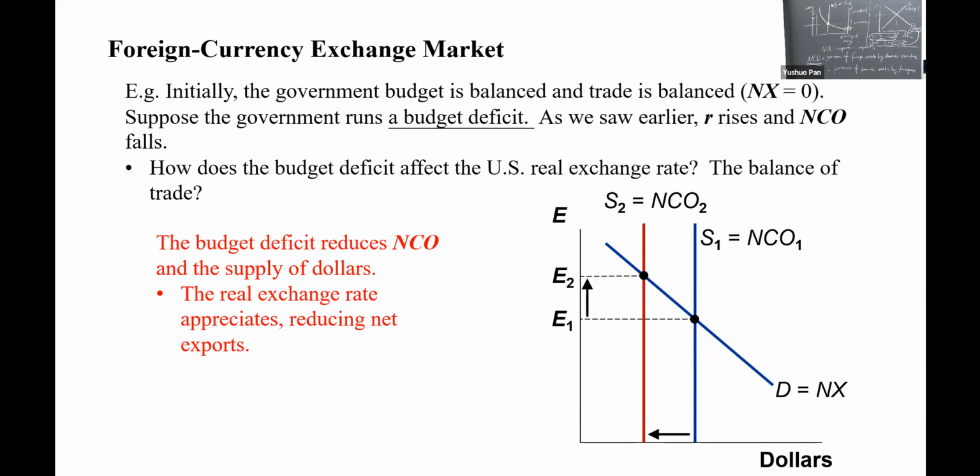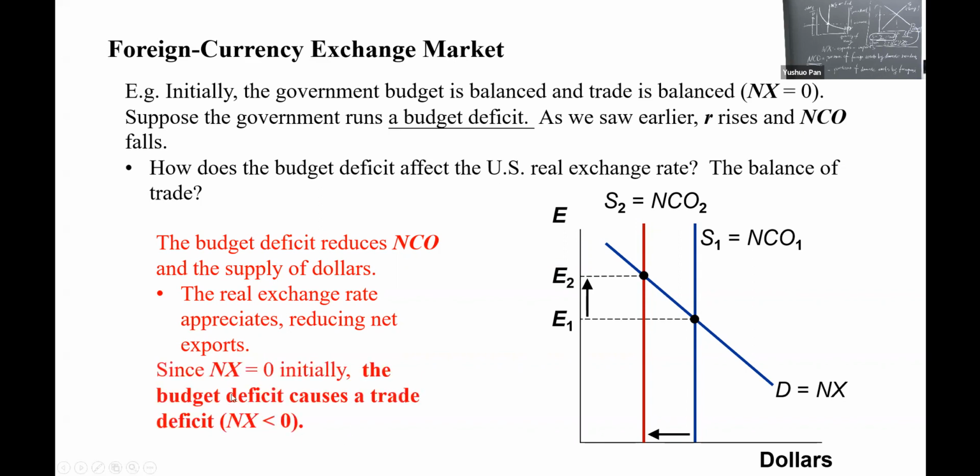So foreigners are going to buy a smaller amount of US goods and services than before. US exports decrease and the net exports will also decrease. So the NX will decrease. Since NX equals 0 initially, the budget deficit causes a trade deficit.